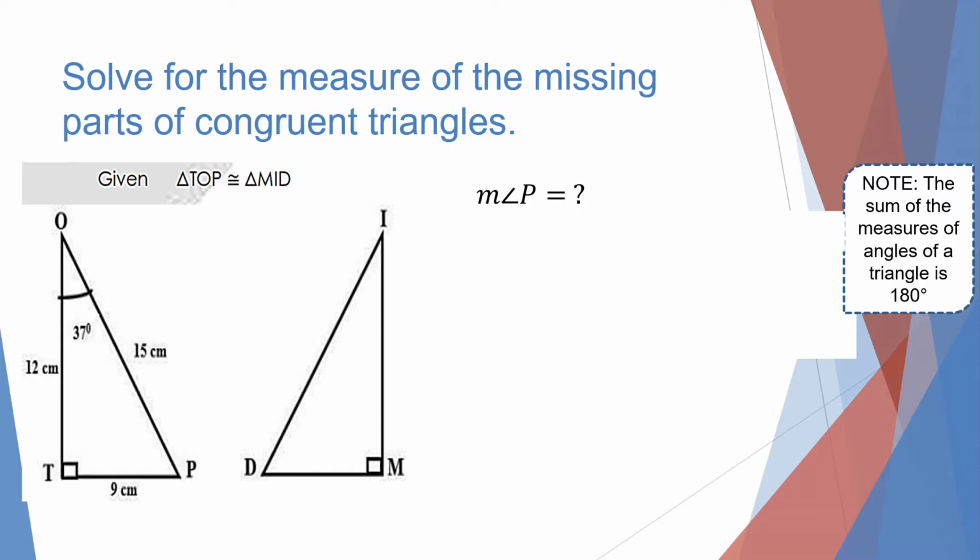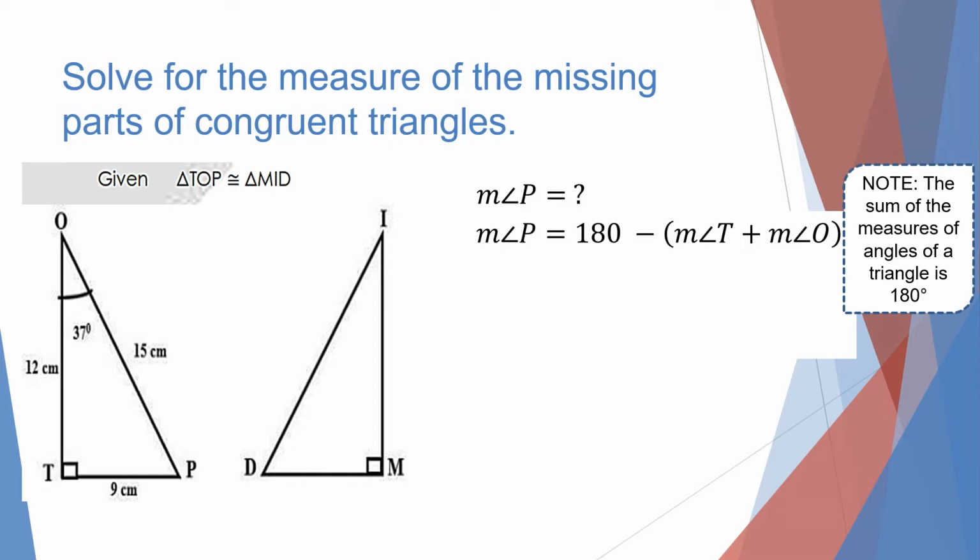Para makuha natin yung measure ng angle P, isusubtract natin yung sum ni angle O at ni angle T sa 180 degrees. So, we have measure of angle P is equal to 180 minus the sum of measure of angle T plus measure of angle O. And then, we simply substitute the measurement.